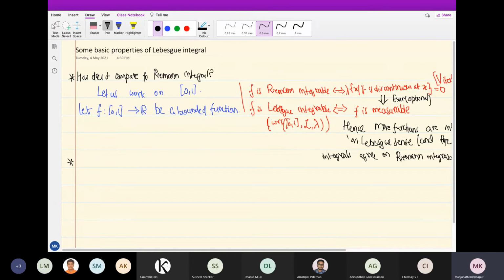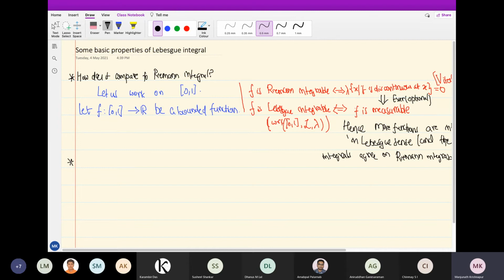You sandwich between step functions, and for step functions, you know what the integrals should be. And if you can sandwich between a sequence of step functions so that from inside and outside you get the same answer, then that's what you define as a Riemann integrable function. Right? So how did the Lebesgue integral turn out to be powerful? It looks pretty much the same.